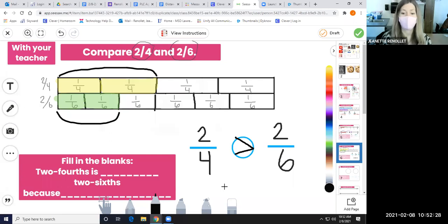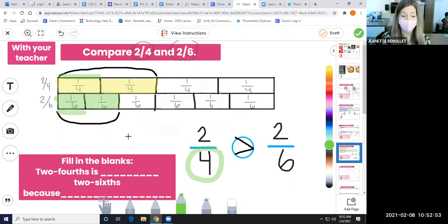Remember, the smaller the denominator, the greater the piece. When there is only 4 kids sharing, you get a bigger part than if there are 6 kids sharing.